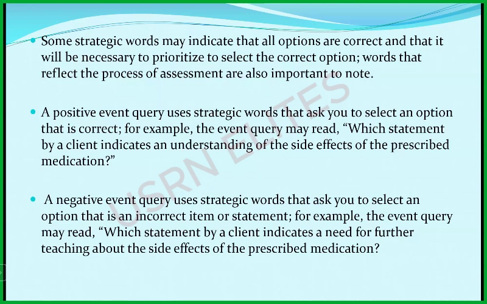Now let's look at the second point here. A positive event query uses strategic words that ask you to select an option that is correct.